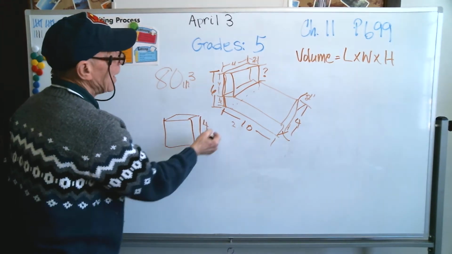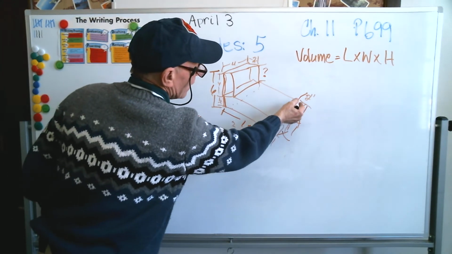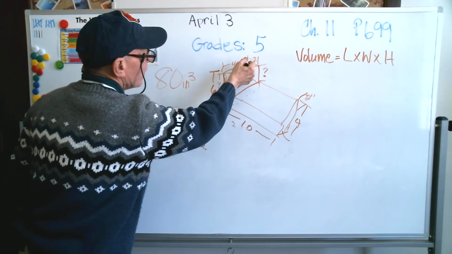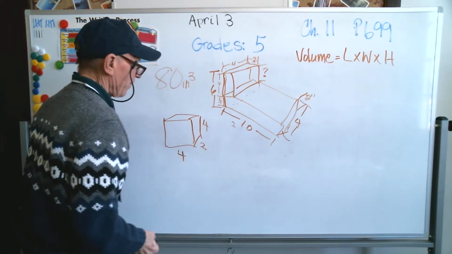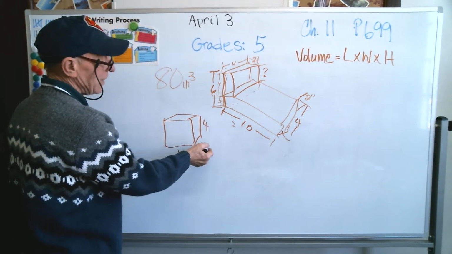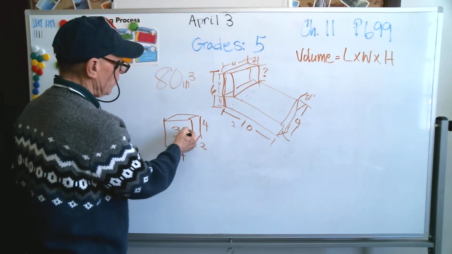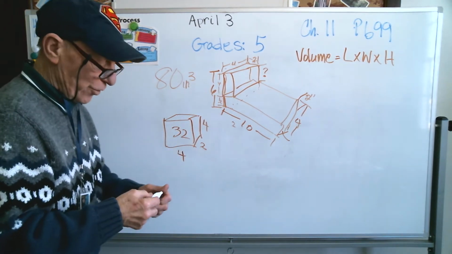And we know that across it here is the same as this, 4 inches. So we have 4 times 2 is 8, times 4 is 32. 32 cubic inches.